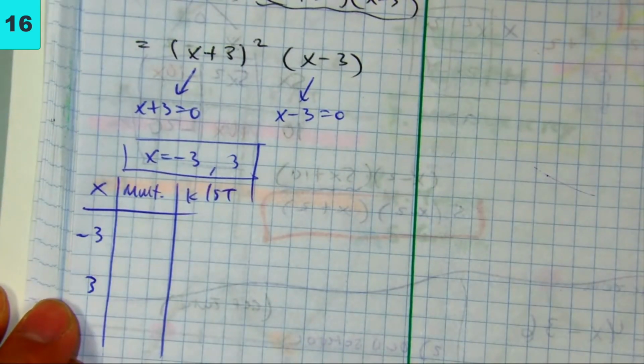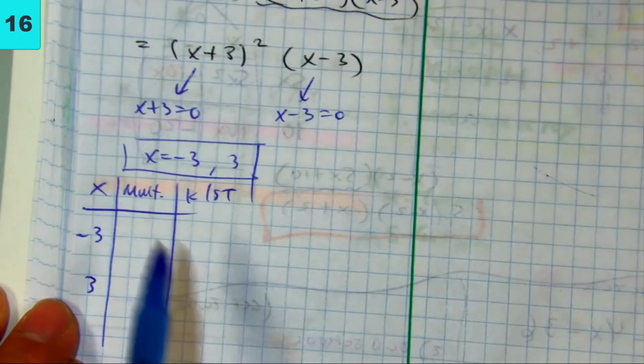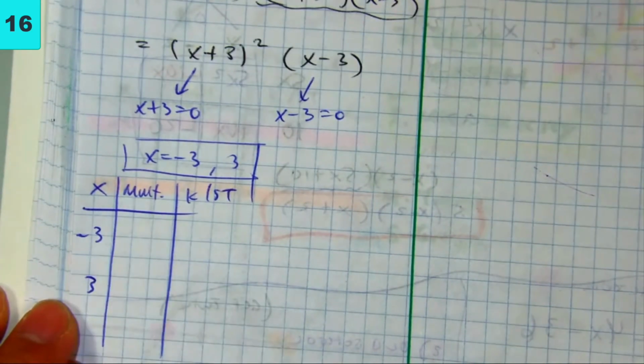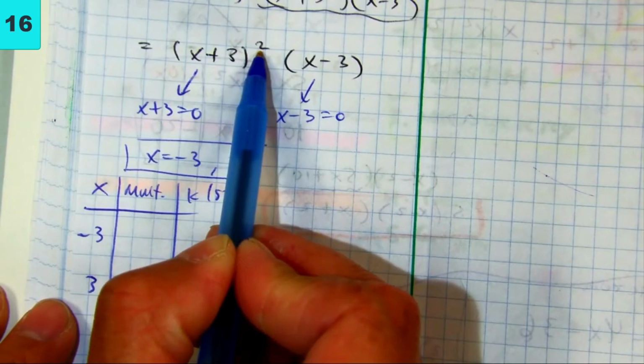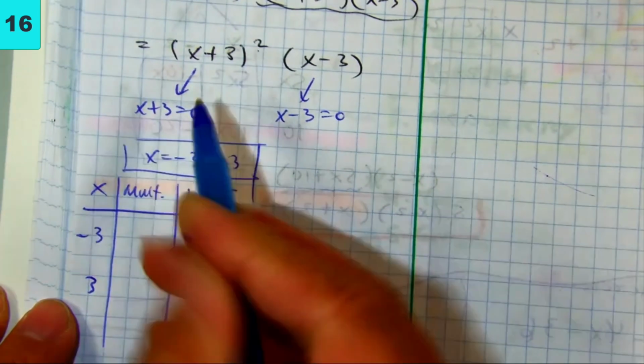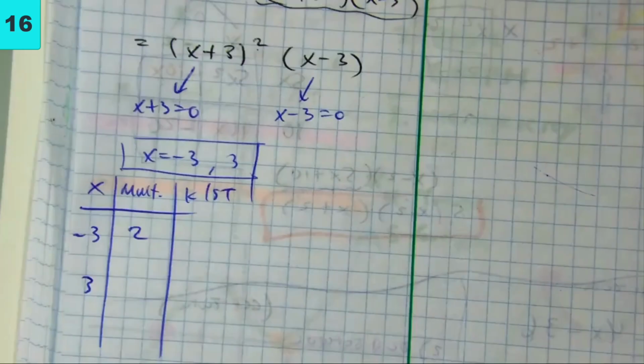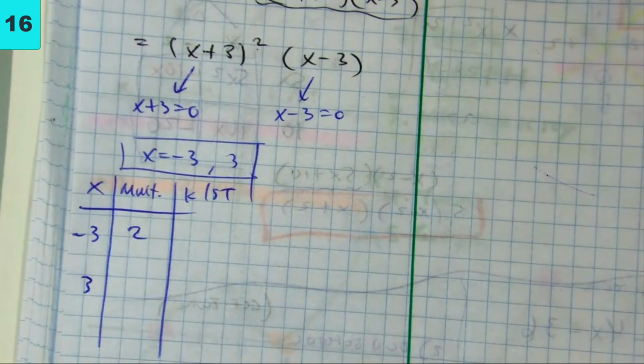The multiplicity for the expression x plus 3 is there at the top there, quantity or multiplicity or exponent 2. And then that number 2 is an even number.